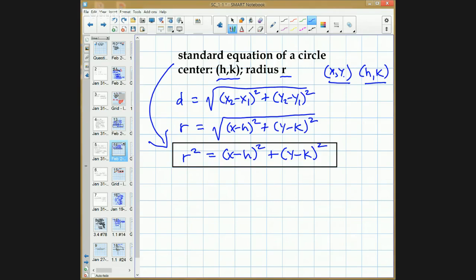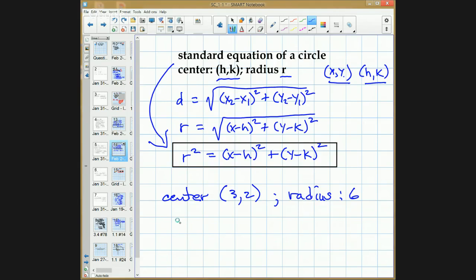So for example, what if we have a circle whose center is located at 3 comma 2 and whose radius is, I don't know, let's say 6. So really all we got to do is plug it in, right?